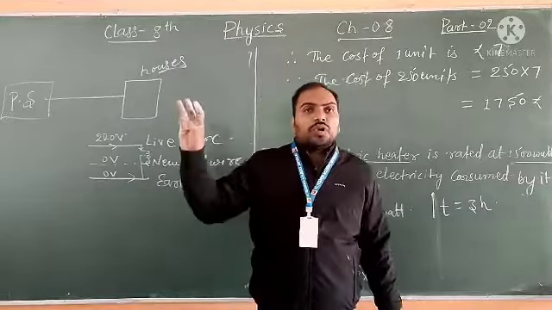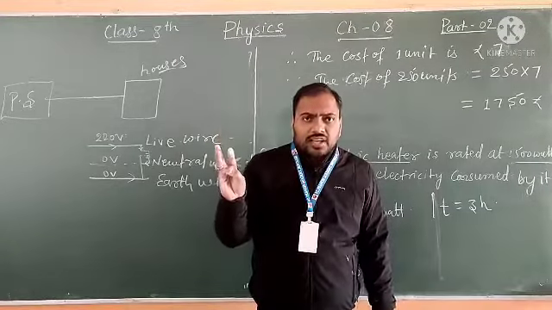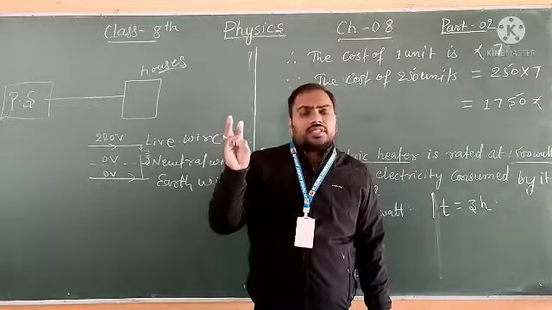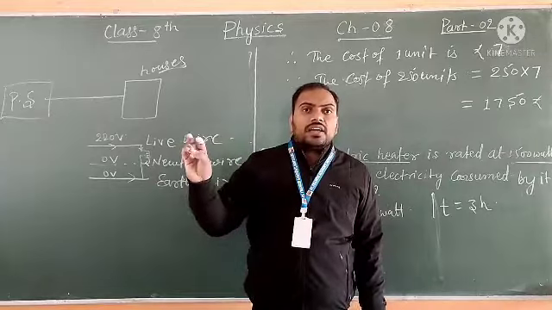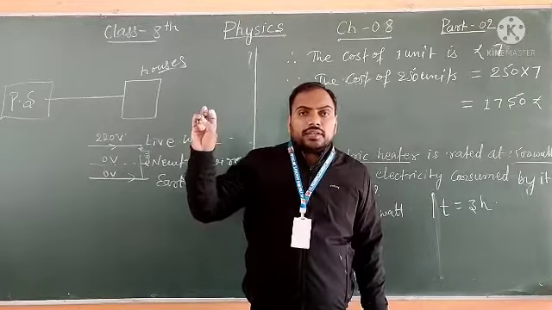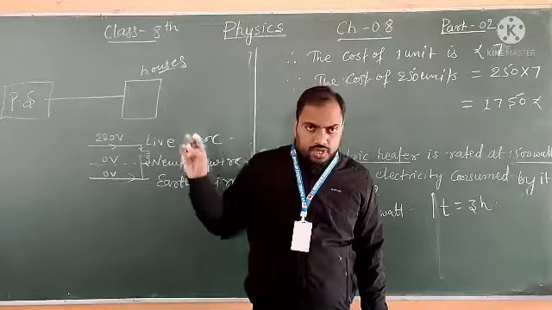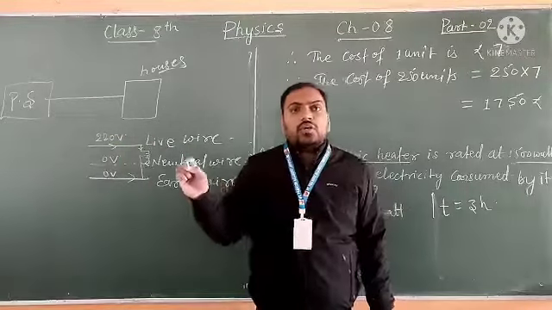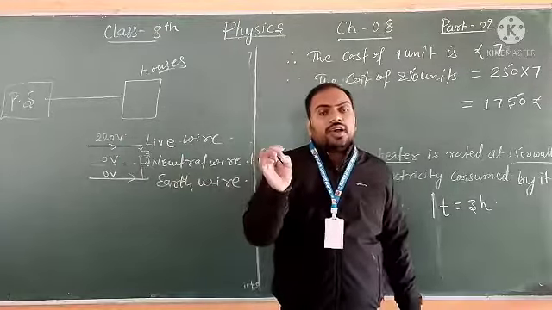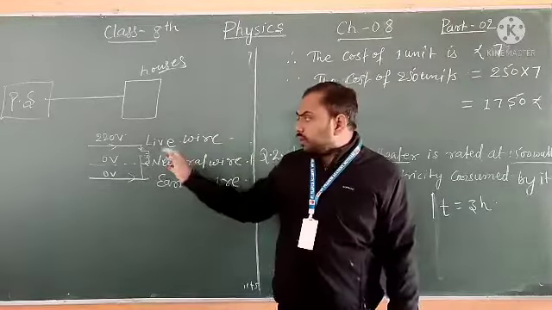So what is live wire? Live wire is the red wire used in wiring, and it carries a higher voltage, drawn from the electric pole near your home to houses. What is neutral wire? Neutral wire is at 0 volt potential.